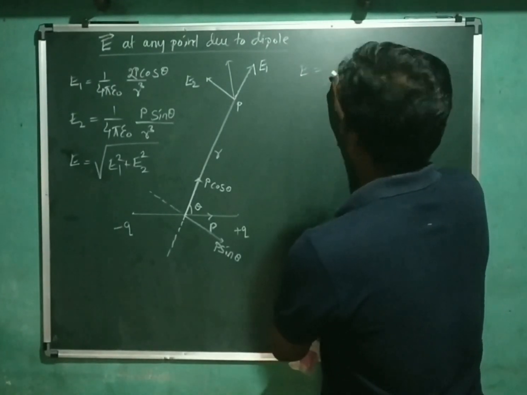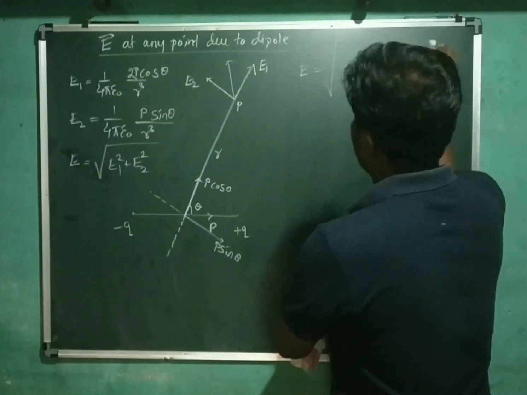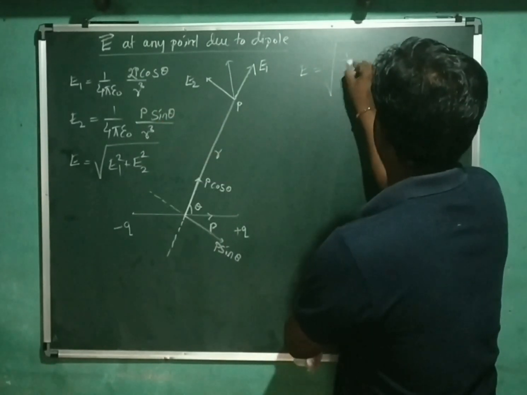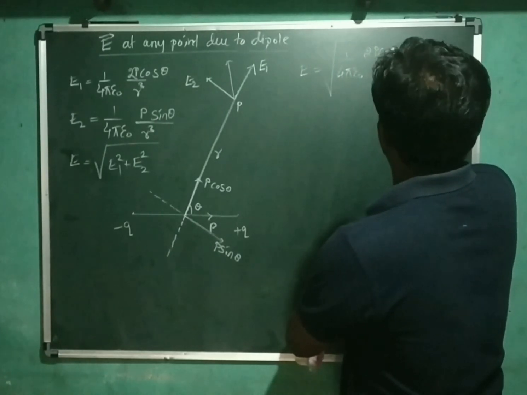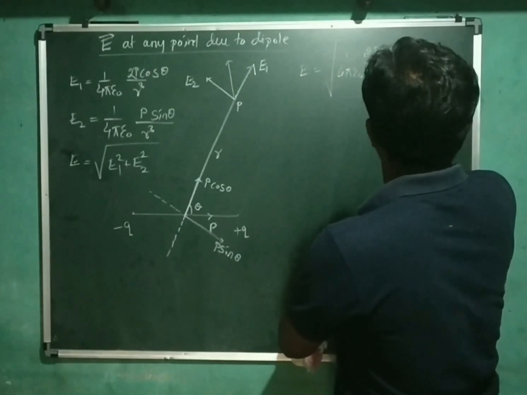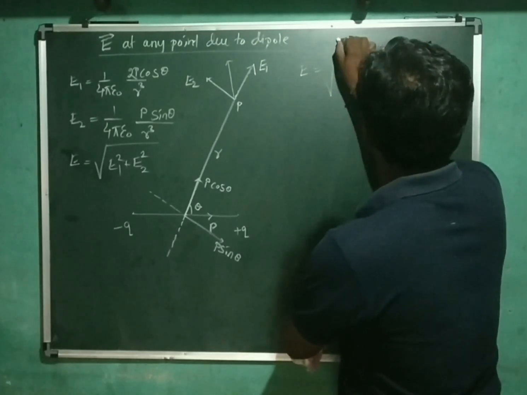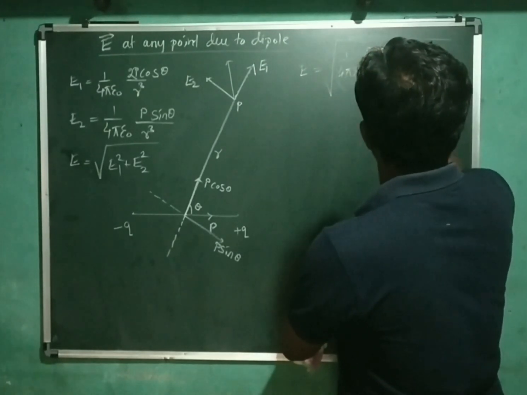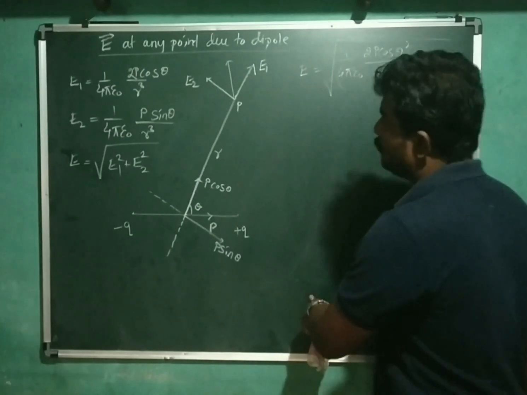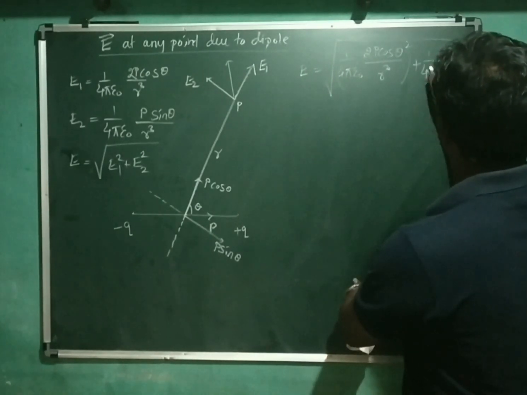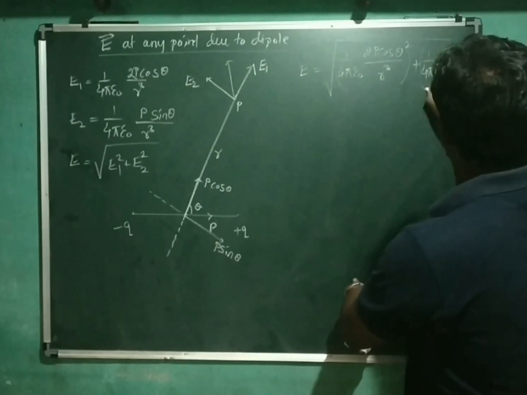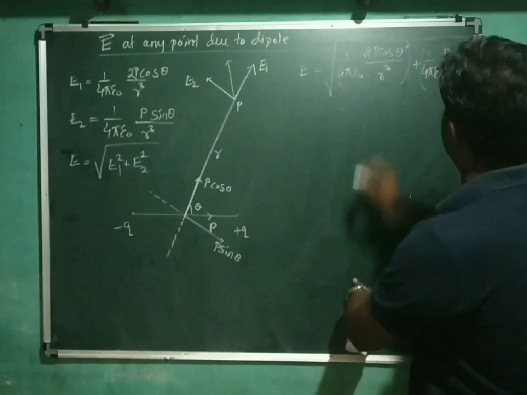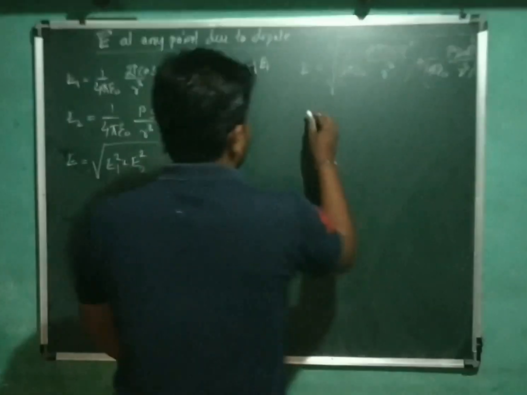E is equal to under root E1 square. E1 square is how much? 1 divided by 4 pi epsilon naught, 2p cos theta divided by r cube, whole square, plus E2 square. E2 square is 1 divided by 4 pi epsilon naught p sin theta divided by r cube, whole square. In both the cases, what is common?